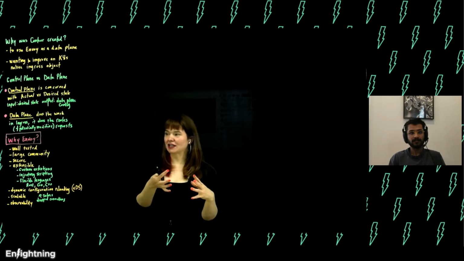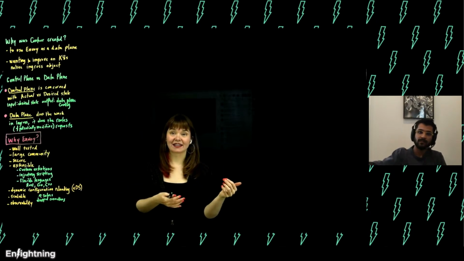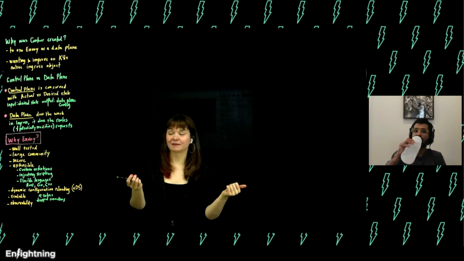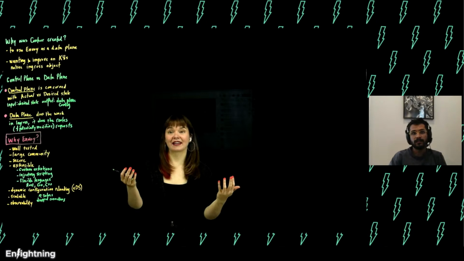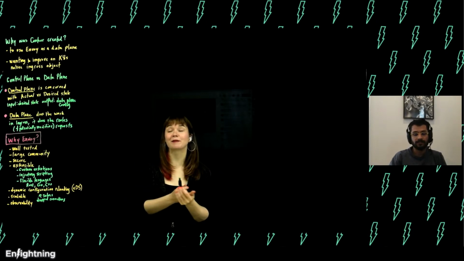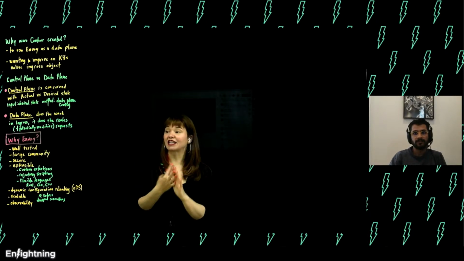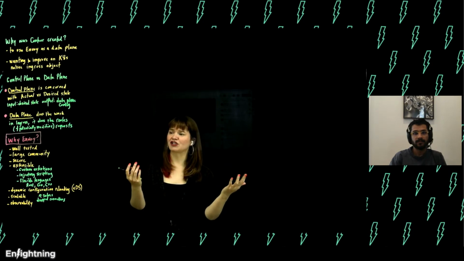So Envoy's good because it's well tested. It has a large community, meaning new features will come out faster. If ever anything needs updating, it's better maintained. It's secure. It's extensible, so you can make custom extensions. You can inject scripting. You're flexible with language types.